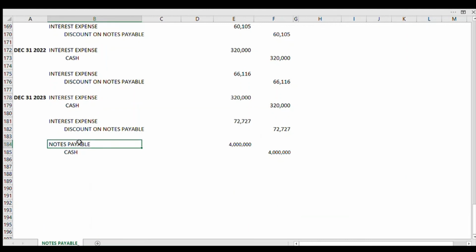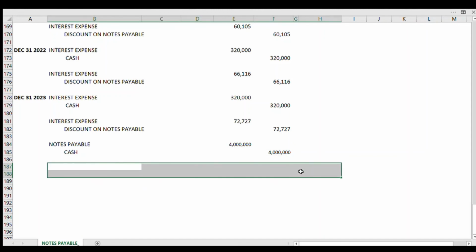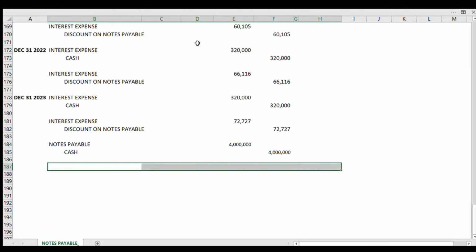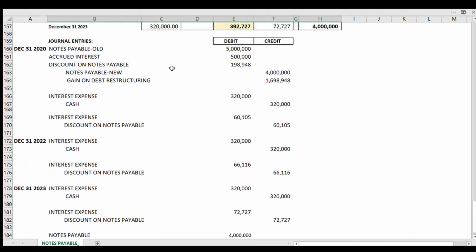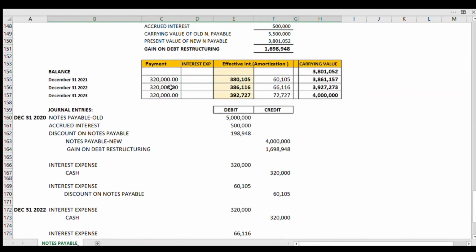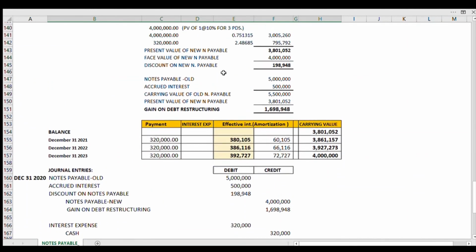So, payment na ng notes payable, debit to notes payable, and credit to cash. So, that goes to the notes payable, no, for the debt restructuring, no, the third problem natin.